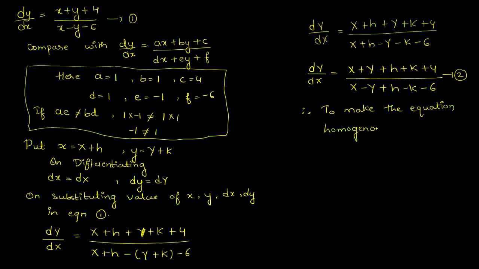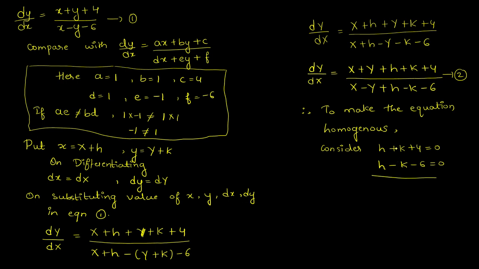To make the equation homogeneous, consider h plus k plus 4 is equal to 0 and h minus k minus 6 is equal to 0. Now we solve these two equations simultaneously.